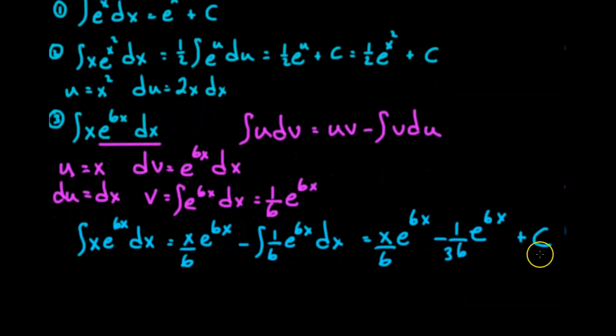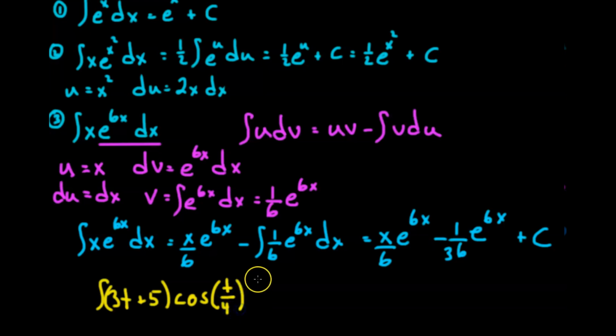So I'm going to give you an example that I want you to try. So try this one. Try and find the integral of 3t plus 5 times the cos of t over 4 dt. And you're going to use this equation to integrate by parts.